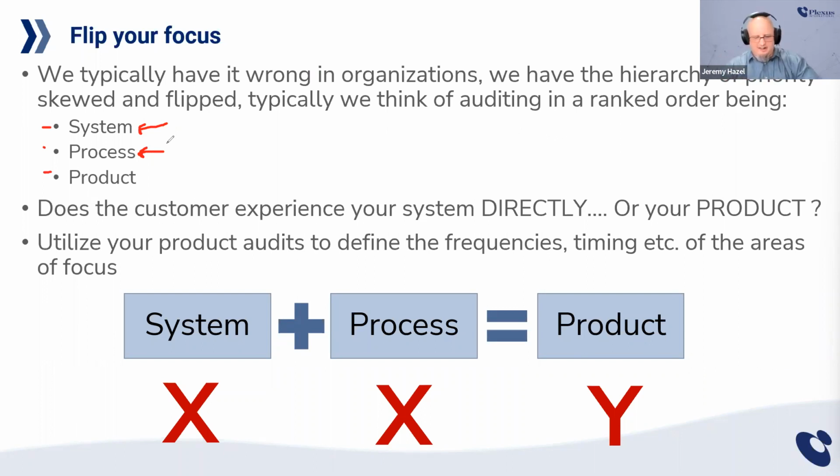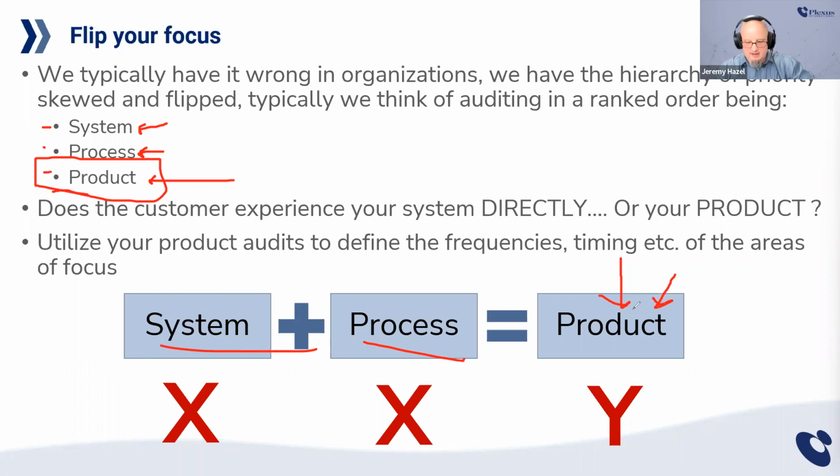Those are the CQI audits. But right here, product audits typically get the least amount of attention. But here's the difference. Your customer most directly experiences your process and your system through your product.